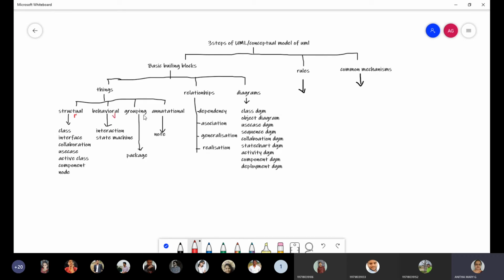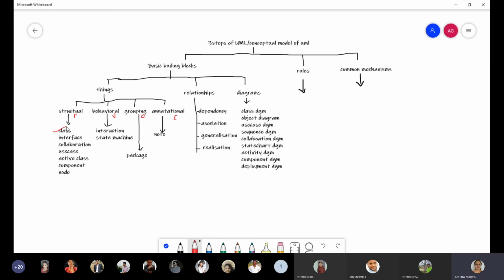Grouping things are organizational, and annotational things are nothing but explanatory.